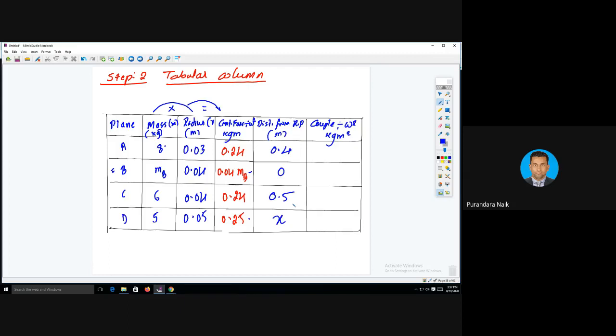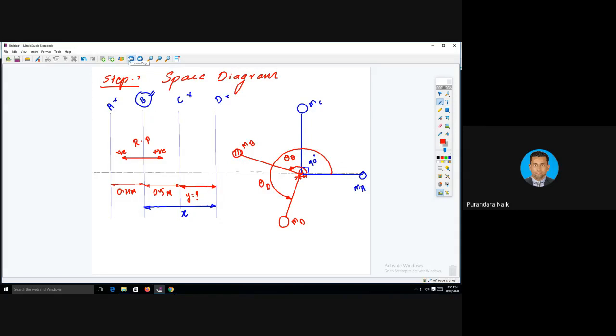Now it is very easy to find the couple. Couple is equal to centrifugal force into the distance from the reference plane. So couple is equal to 0.24 into minus 0.4, because it is on the left side, negative.